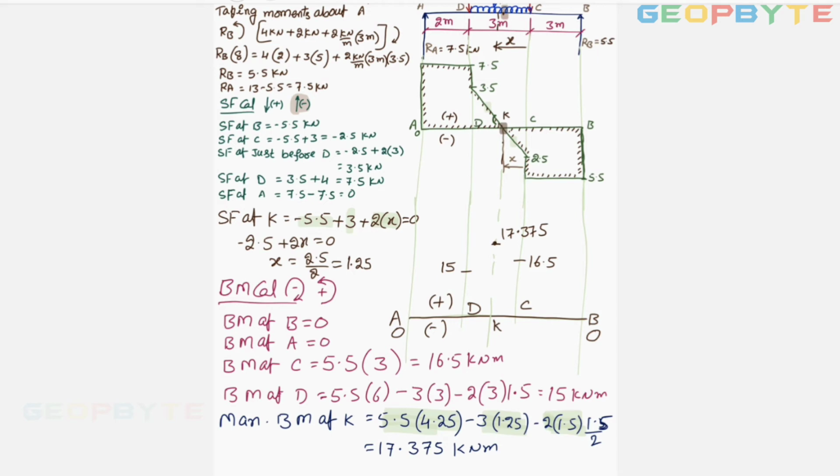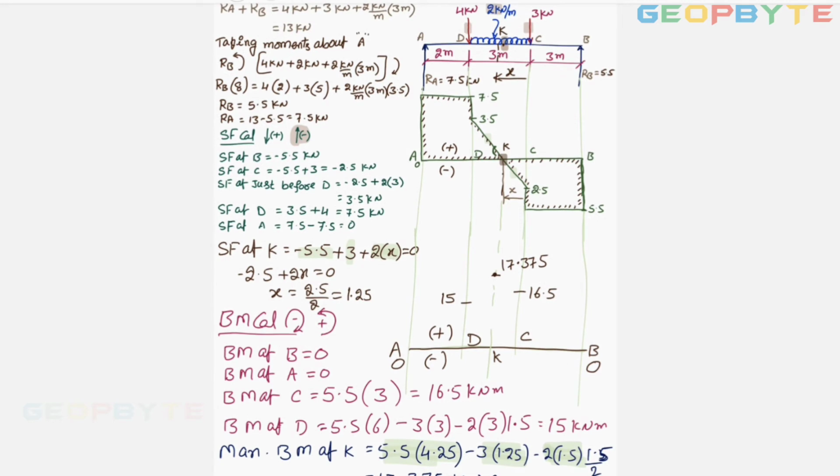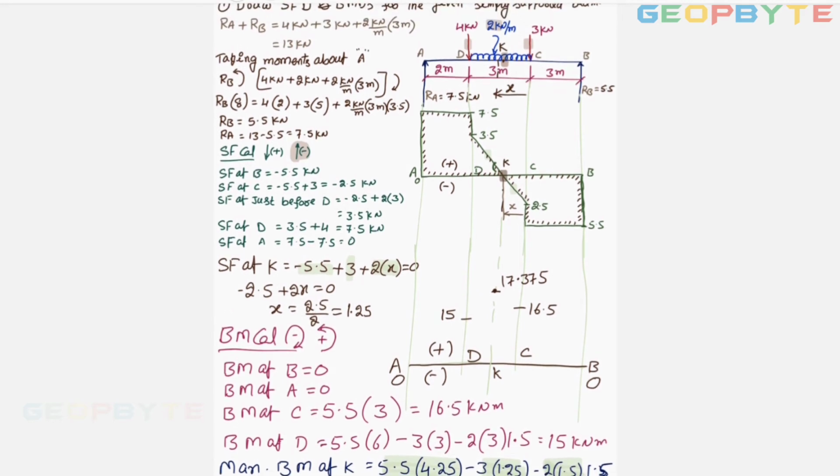Now start from the B. The effect of UDL on the BM is parabolic variation. Effect of point load is straight line variation. Between the B and C, point loads are there, so bending moment is varying in a straight line manner, linearly. It is like this. It's a straight line variation.